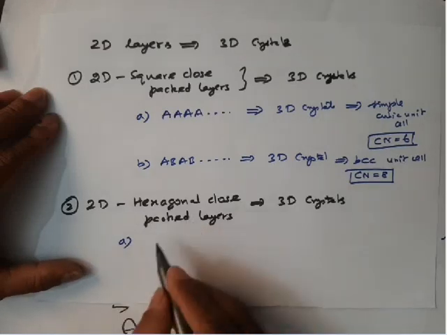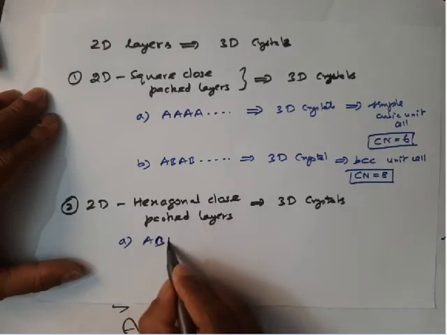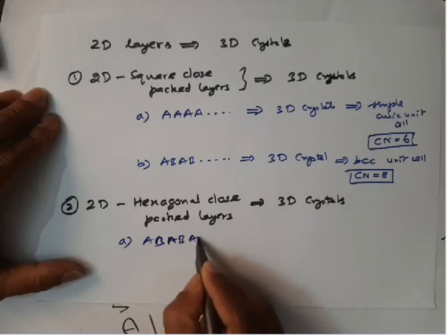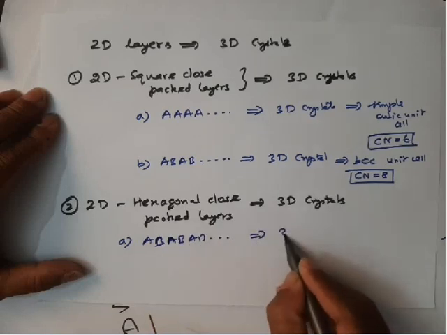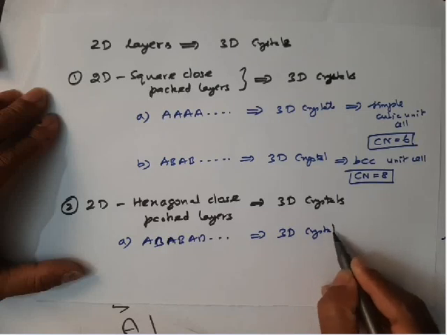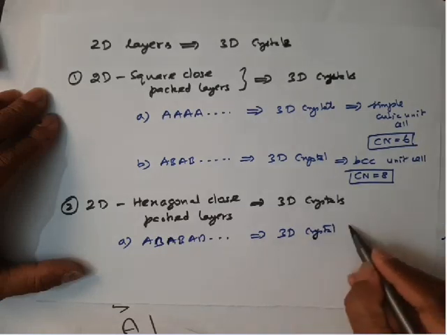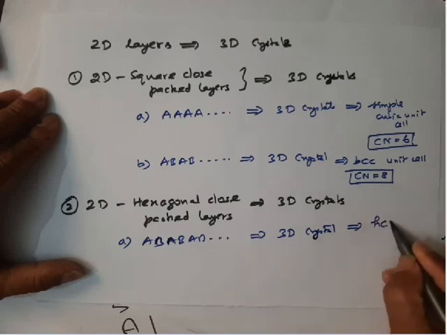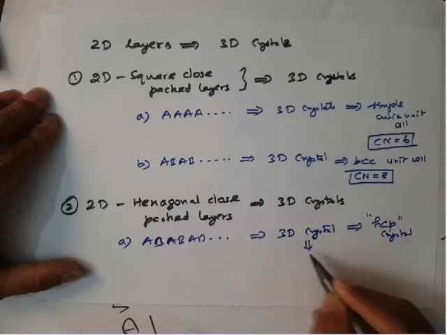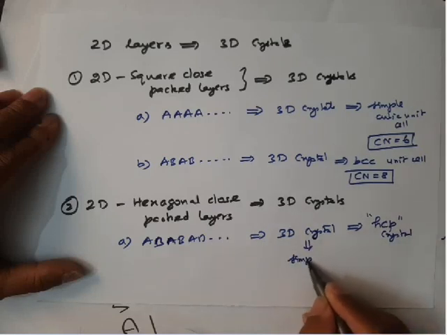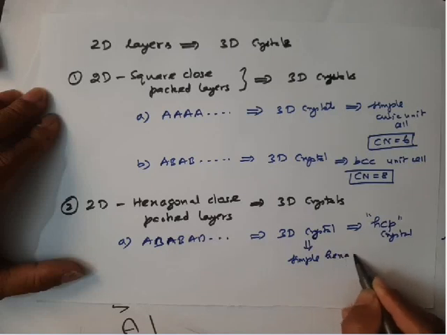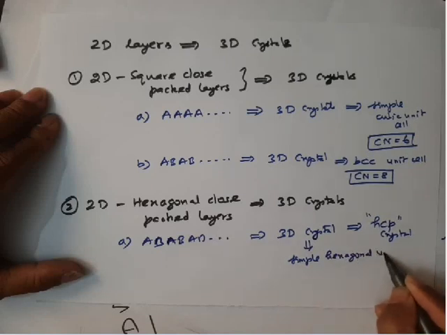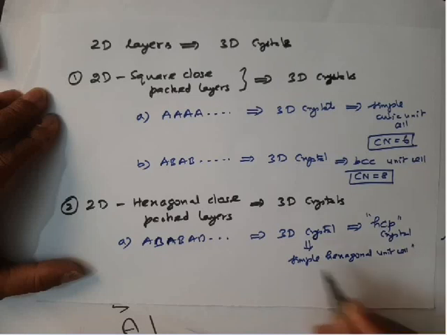If you place the layers as AB, AB, AB like that, you will get a 3D crystal. That 3D crystal is called as hexagonal close packed crystal, HCP crystal, which consists of simple hexagonal unit cell, and coordination number here is 12.